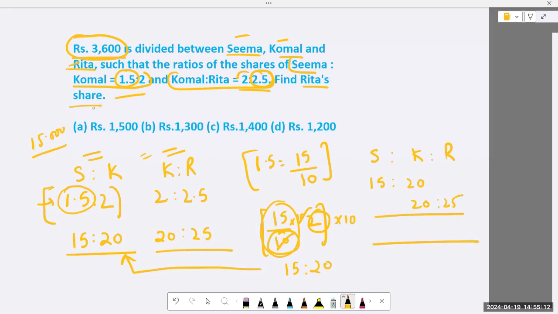Now here, one benefit that we have is the common entity. The entity which is present in both the ratios has the same value here, the values of the units. So we'll directly write 20, and we do not need to take any LCM or convert or multiply these things, as in some previous cases we used to do. So we'll write the same thing here and here also.